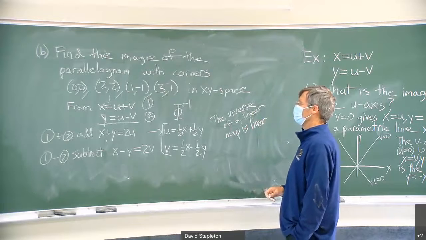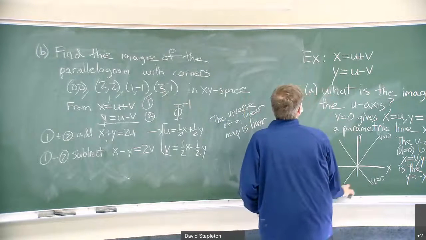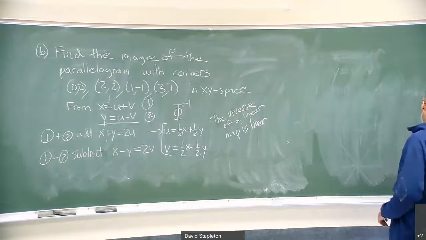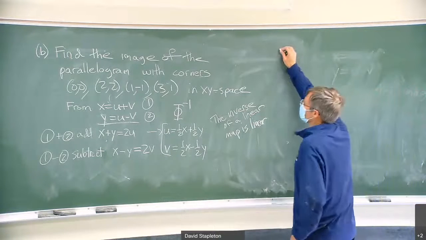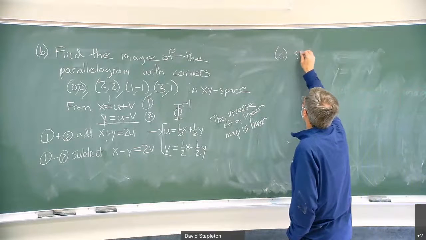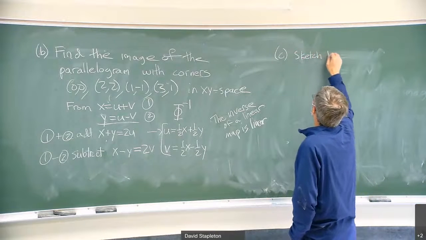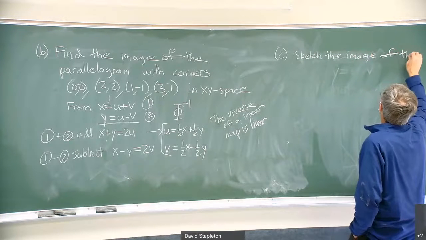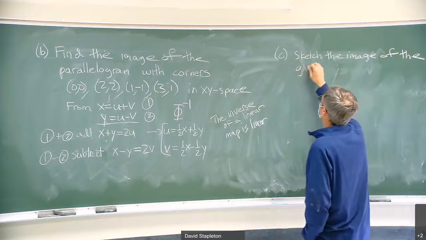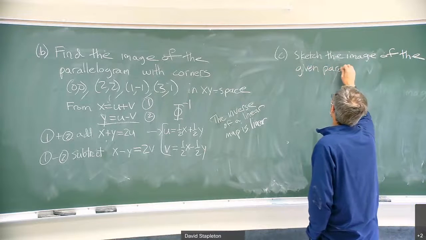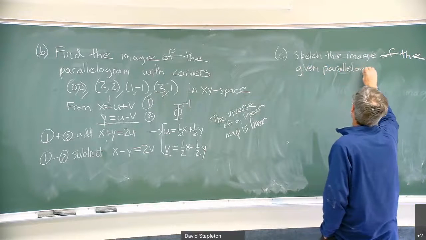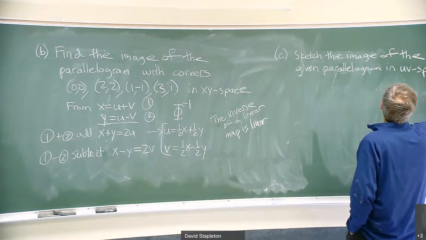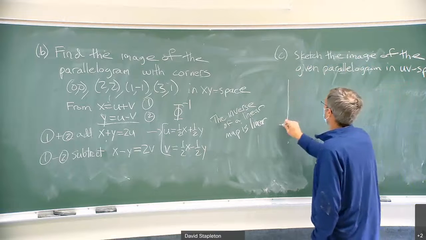Now, how do we find the image of this parallelogram that was in XY space? All we have to do is find the corners to get the image of the given parallelogram in UV space. So here's XY space.